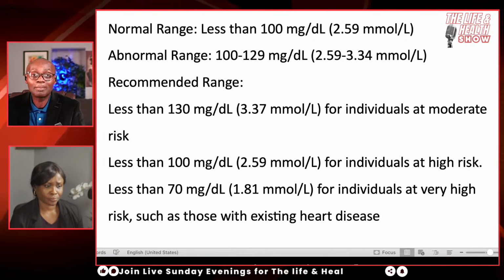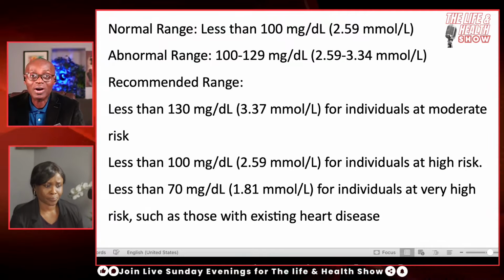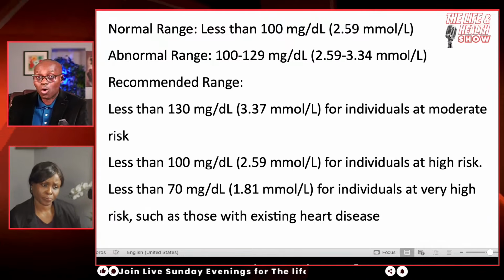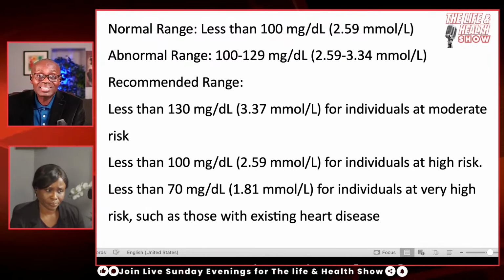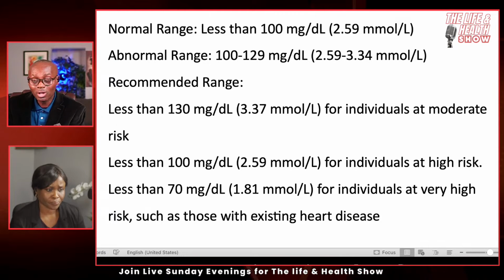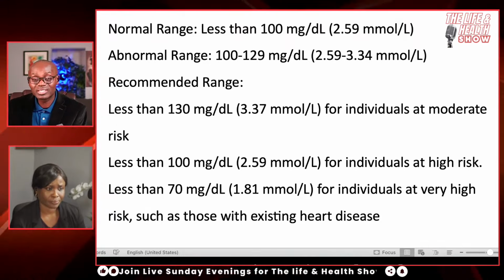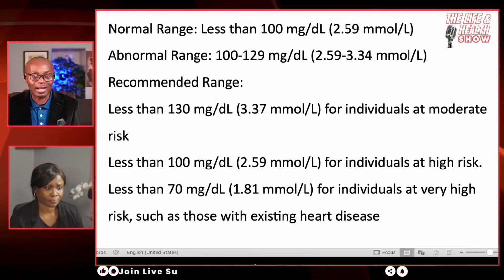If you have high blood pressure, you have an increased risk of heart disease and stroke. So if you have any one of these or multiples of these, and also if you have had a heart event or a stroke before, maybe not a full-blown stroke, but maybe a TIA, what we call a transient ischemic attack, then you are also considered high risk for a stroke or heart attack.